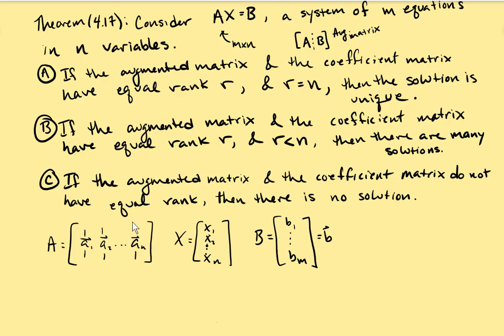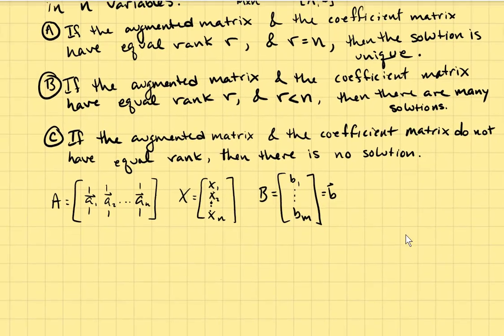We'll call the matrix of unknowns a column X1 through Xn, and the matrix of constants a column B1 through Bm, but I'll also call that just a vector B for simplicity in some places.